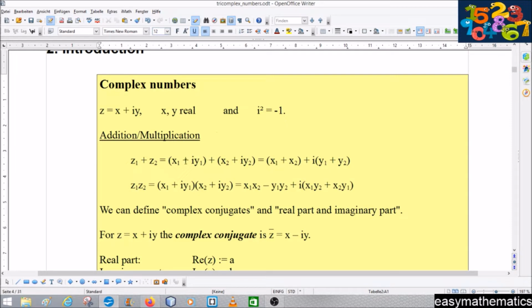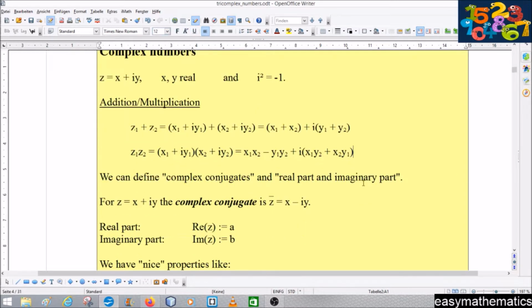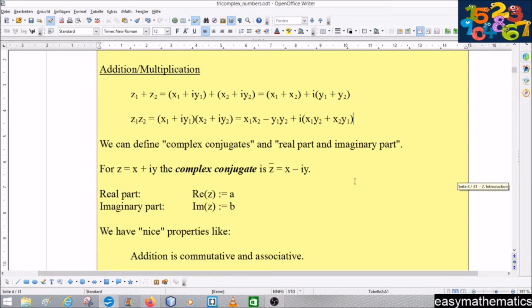Addition is defined via addition of components, and for the multiplication, if you multiply two complex numbers, distribute them naively and use i squared equals minus 1, we get this expression, and then we can use it as a definition. And then we can define complex conjugates and real part and imaginary part.